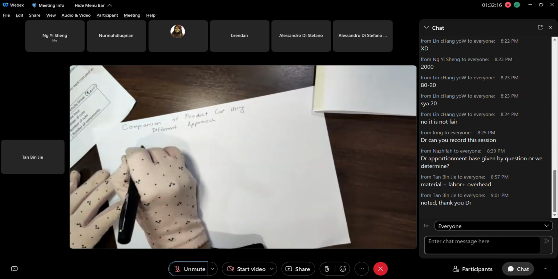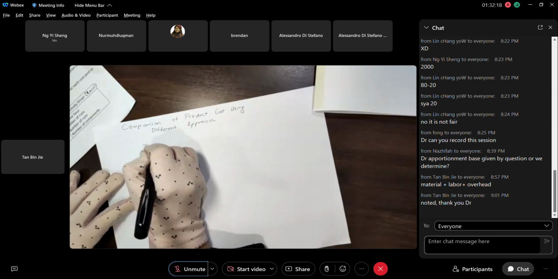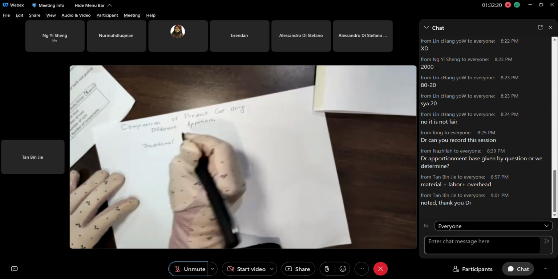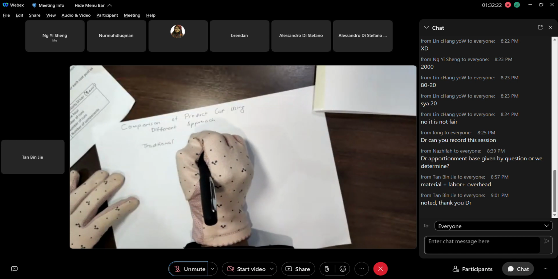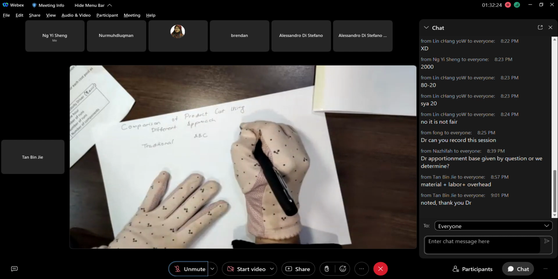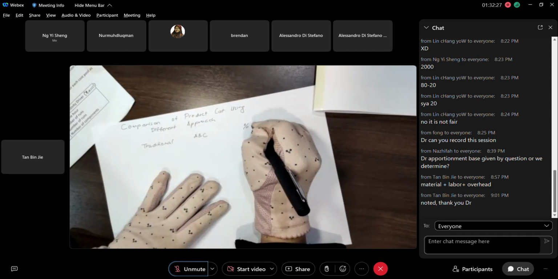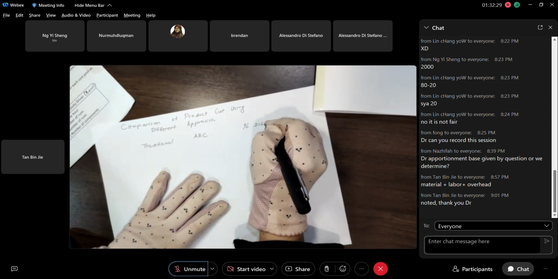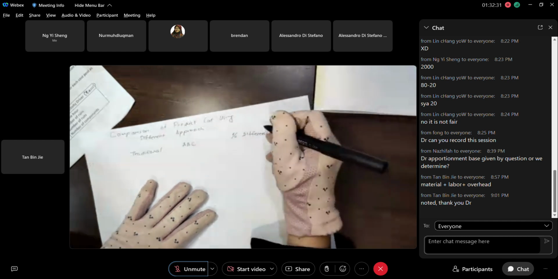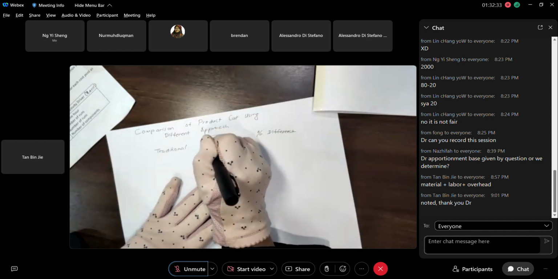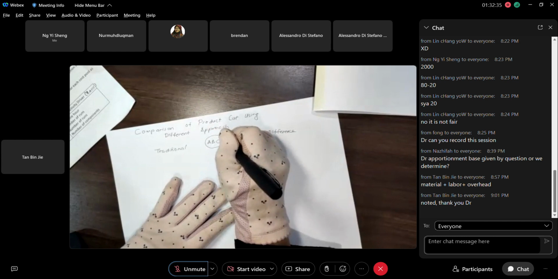Okay, so you put first is based on traditional and second is based on ABC. Now you find out what is the percentage of difference. How to get the percentage of difference? You need to assume the ABC is the base.